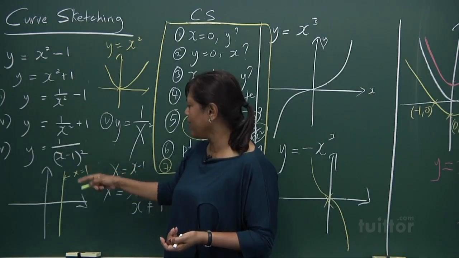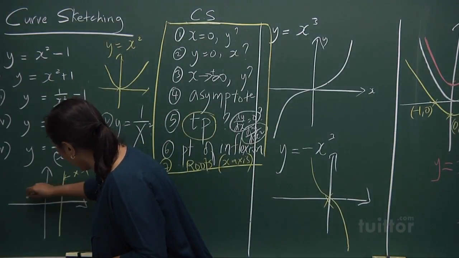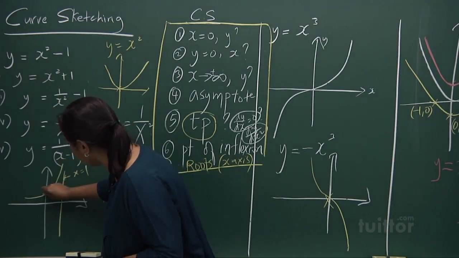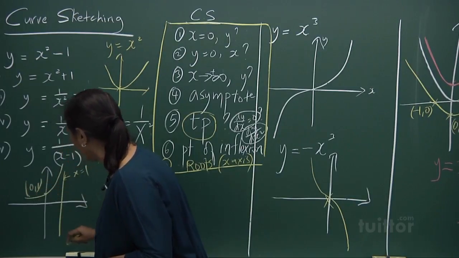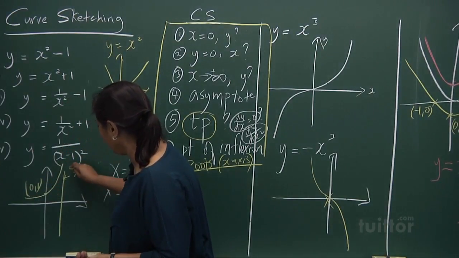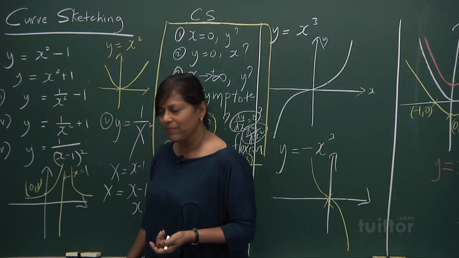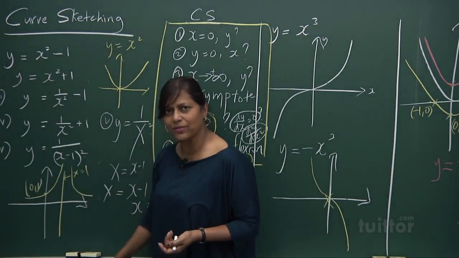So 1 over 1 is 1. So when x is 0, y is 1, and the shape of the graph goes like this. Got it? So it's just a shift with the asymptote shifting.